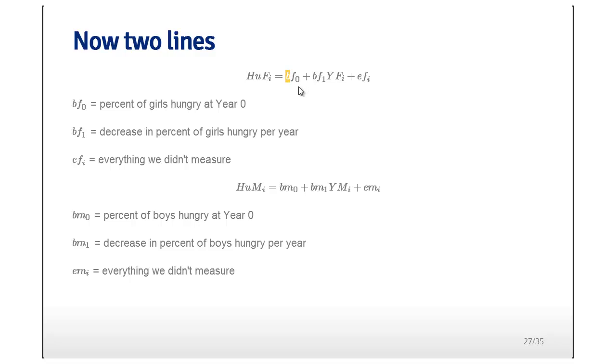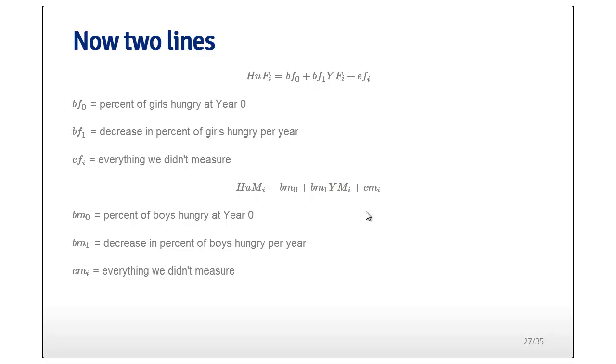So beta F0 is the intercept for this model, which is just for girls. Beta F1 is the slope for girls. And then we're lumping everything we didn't measure into an error term there. And then we could have the same model for males.